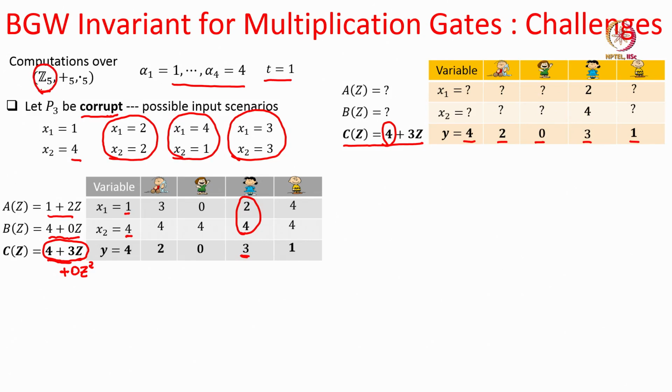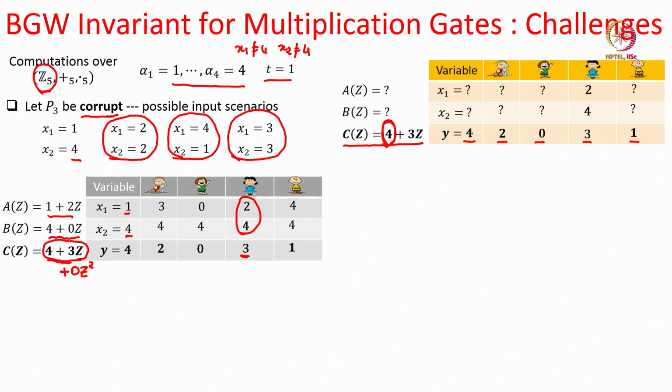Okay. So, for instance, x 1 can't be 4 and x 2 can't be 4, because x 1 being 4 and x 2 being 4 should result in an output 1, but the output that parties learn in this case is 4.